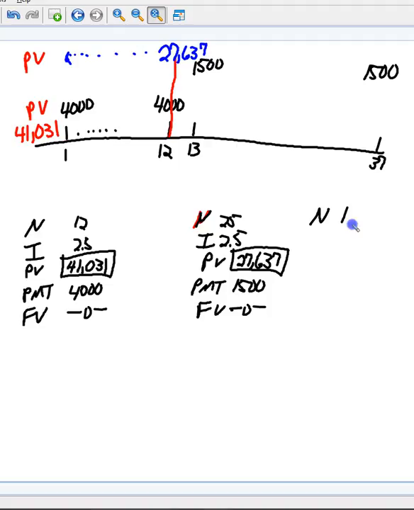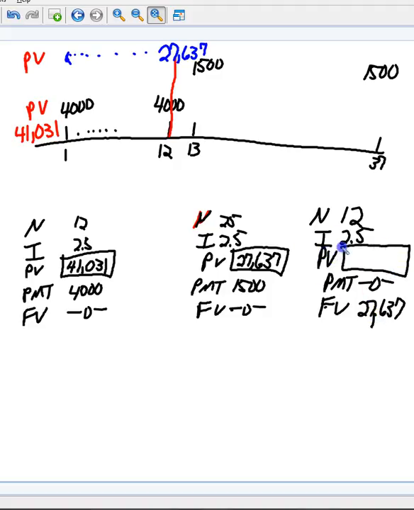So again, N now is 12, right? Because we're here in year 12, so 27,637. Interest rate 2.5. There's no payment, but we do have a lump sum future value this time, 27,637. So there's no annuity.